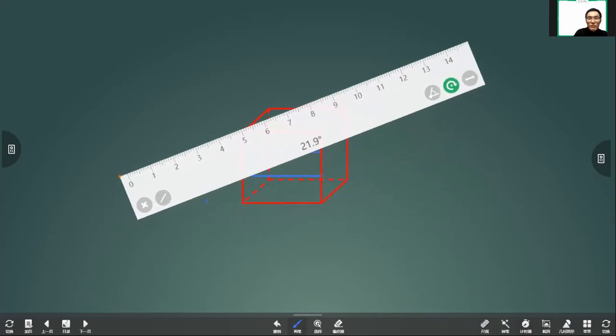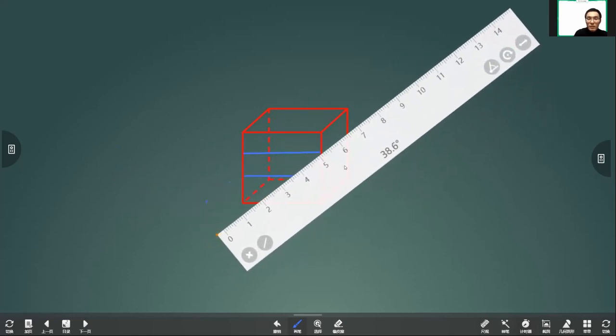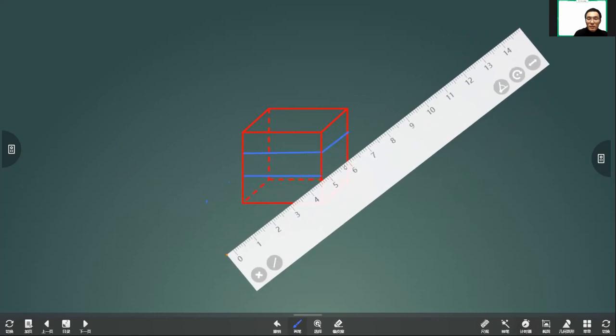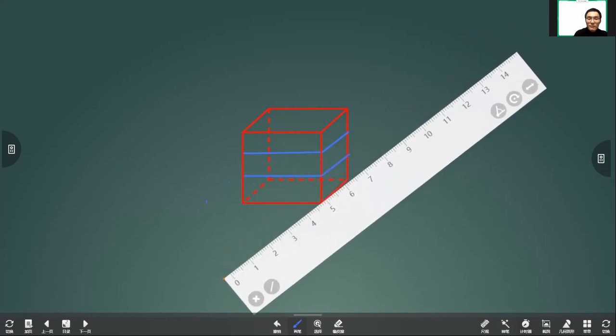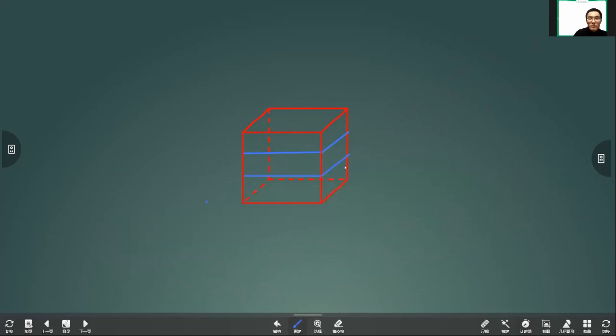All right, just bear with me for a sec. I need to draw the shape since it's not here. Right, this is taking too long. I'll just draw it by hand.